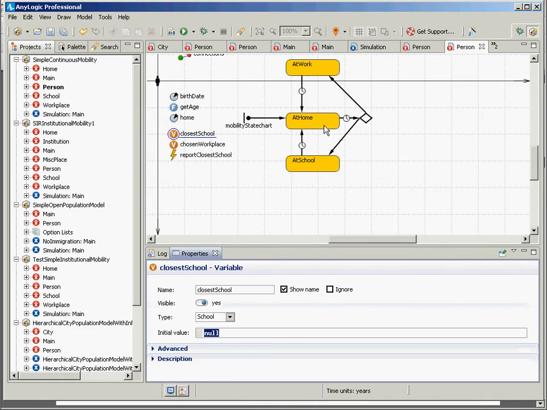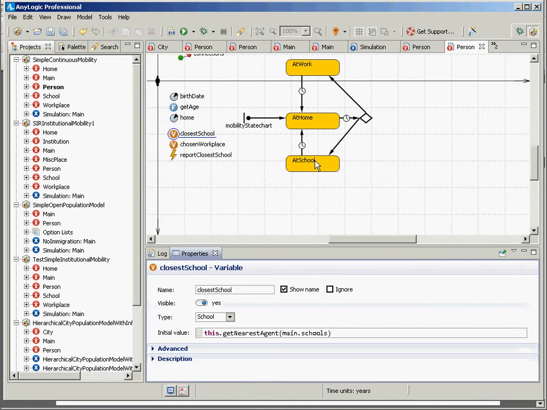My incorrect thought was that this allowed us to say their school is this dot get nearest agent main dot school. This is what we had in there. So we were trying to determine their closest school when they came into being.